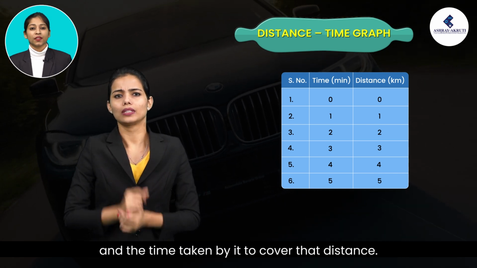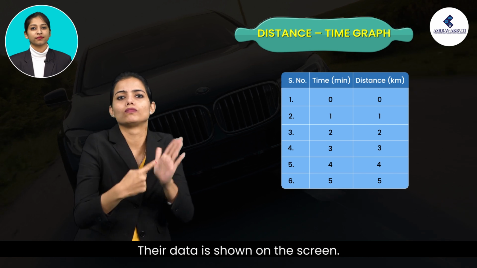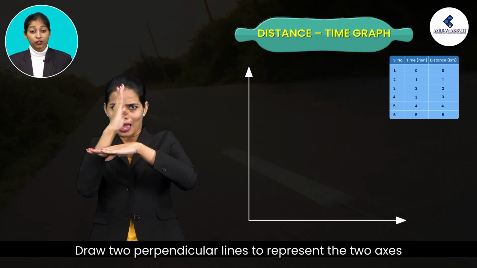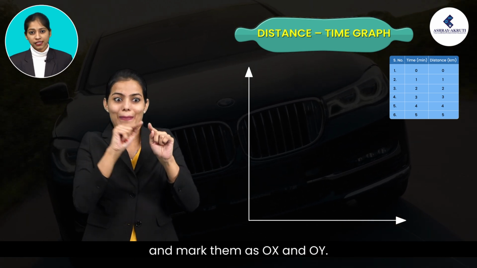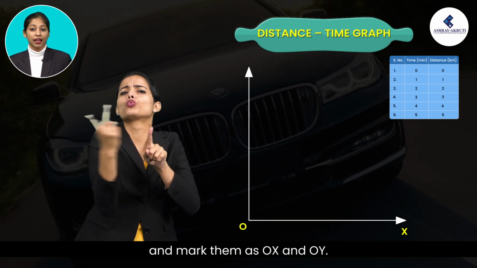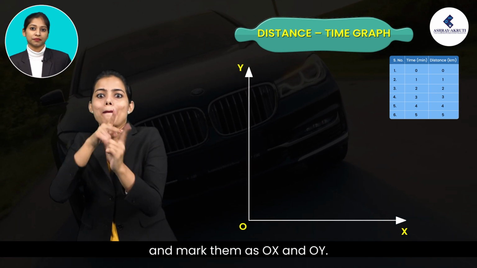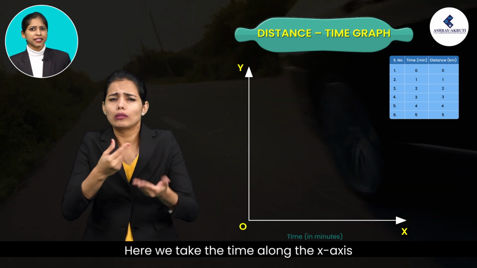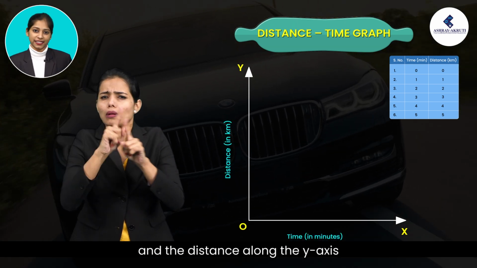Their data is shown on the screen. Draw two perpendicular lines to represent the two axes and mark them as OX and OY. Here, we take the time along the x-axis and the distance along the y-axis.